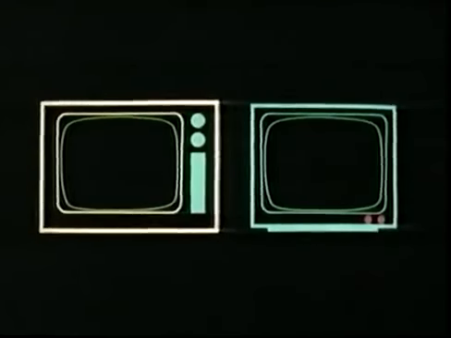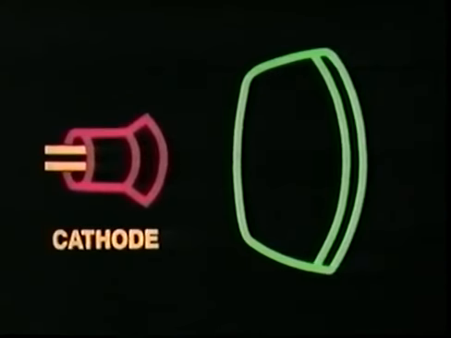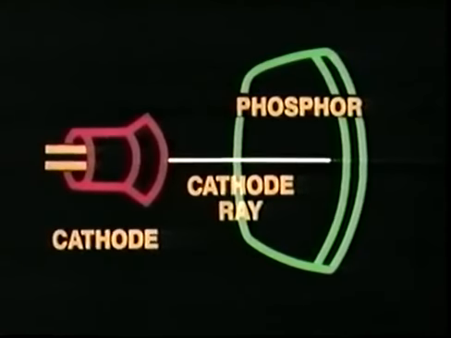If you look inside them, in both cases you'll find something called a cathode, which shoots a stream of electrons, sometimes called a cathode ray, at the back of the video screen. The screen is coated with a special chemical called a phosphor, and a tiny spot of this phosphor will glow whenever it is hit by the electron beam.